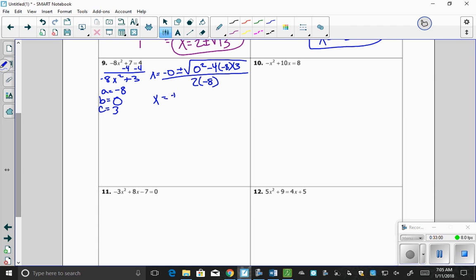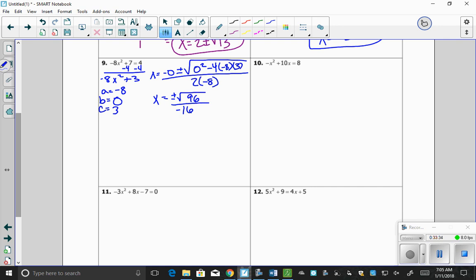So all I'm left with now is plus or minus the square root of 0 squared, which is 0. When you do negative 4 times negative 8 times 3, you should have gotten 96. So it's the square root of 96 over negative 16. And I forgot a parentheses right there.